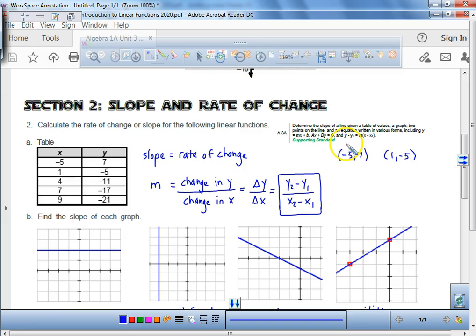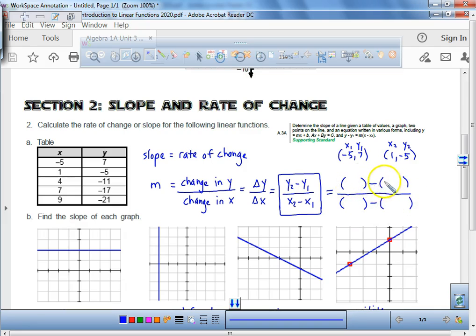Now it's important that you label them correctly, otherwise it'll mess up. So I'm going to call that my x1 and my y1, and I'm going to call this my x2 and my y2. So when you're doing the slope formula, it's going to be important that you use parentheses because they matter. And if you don't use them, then there's a good chance you might mess up or get something wrong.